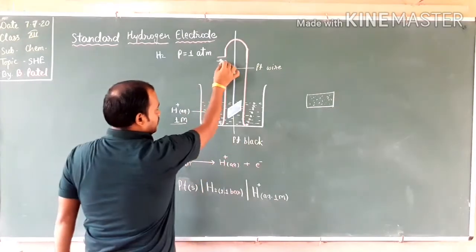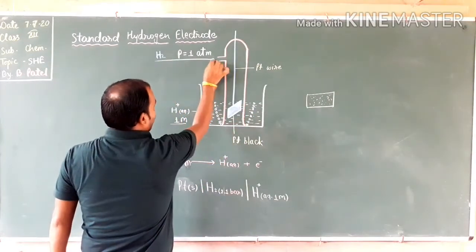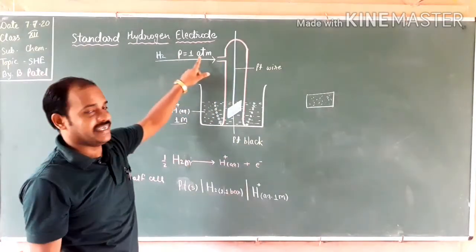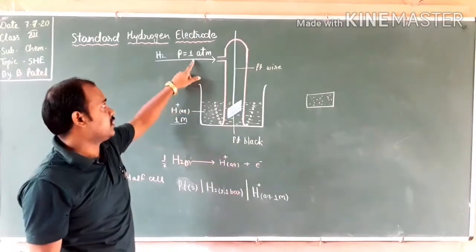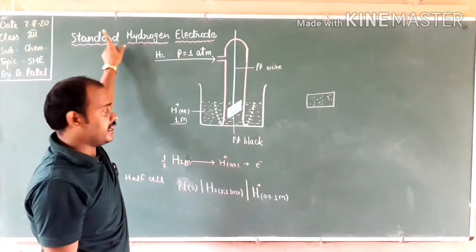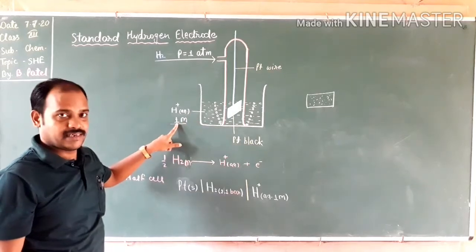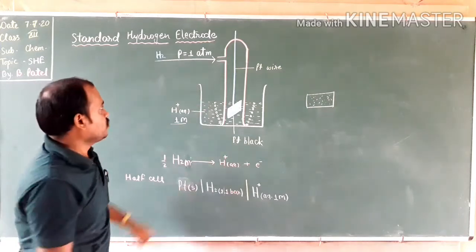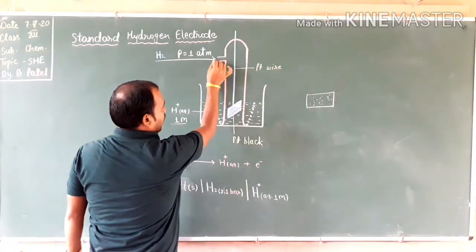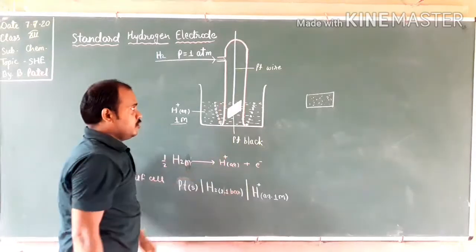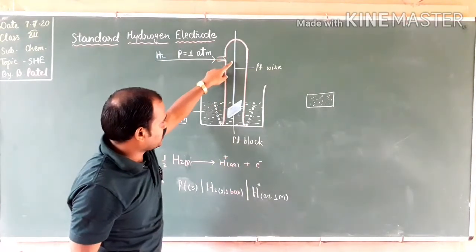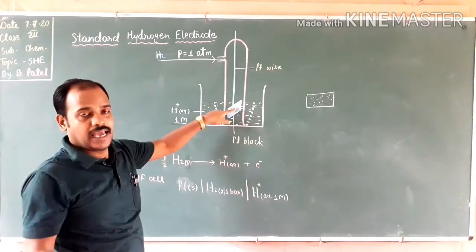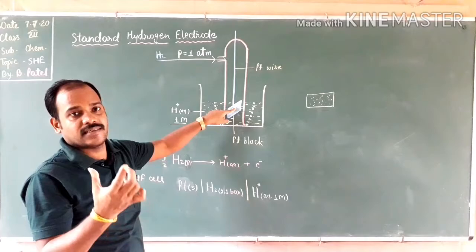Then in this tube, we fill pure hydrogen gas at 1 atm pressure. Again, the pressure of 1 atm is standard. Earlier the concentration was standard, 1 molar. Now the pressure is also standard, 1 atm. At this pressure we fill hydrogen gas in this tube. This hydrogen gas comes in this direction, and this platinum black adsorbs hydrogen gas on its surface.